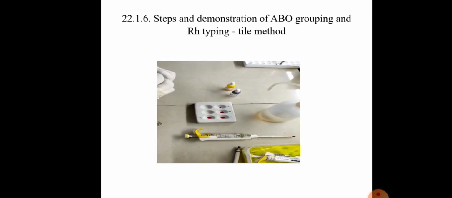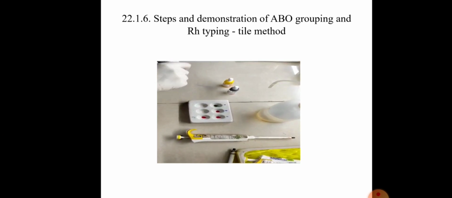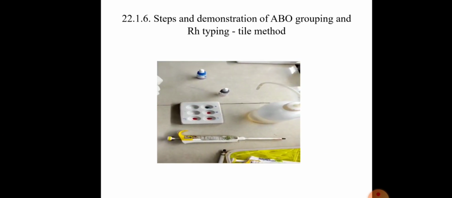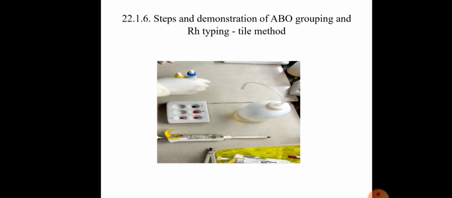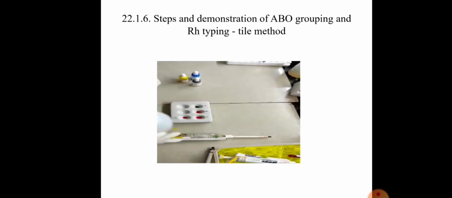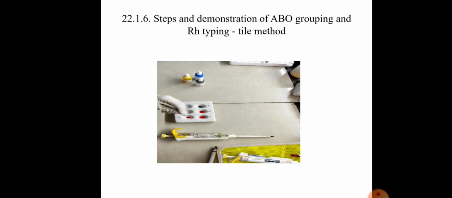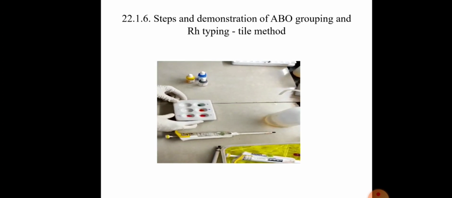Now add a single drop of anti-A in the one labeled A, a single drop of anti-B, and similarly a single drop of anti-D in D. And put a drop in C of normal saline, which is used for control.